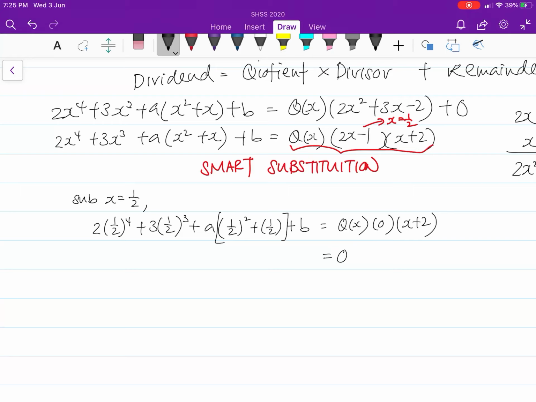So if I press my calculator, 2 bracket half to the power of 4 plus 3 bracket half to the power of 3, okay, sorry, let me press again. 2 half to the power of 4 plus 3 half to the power of 3, I get half.